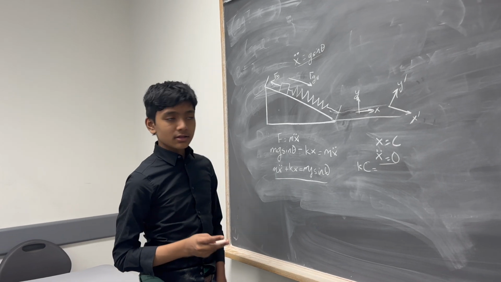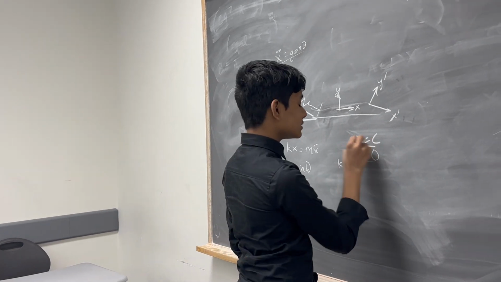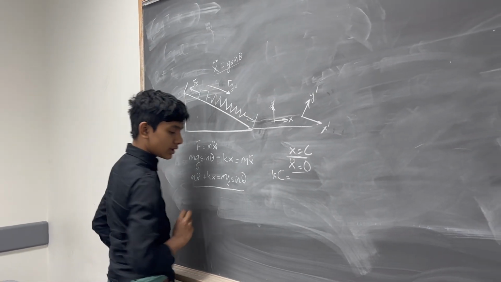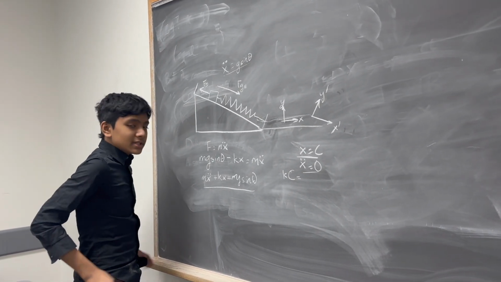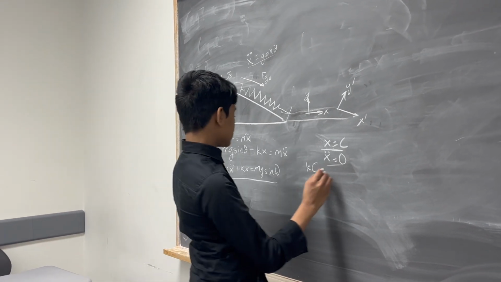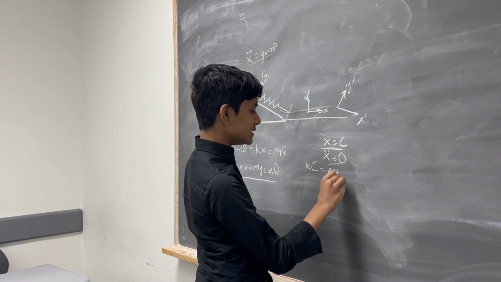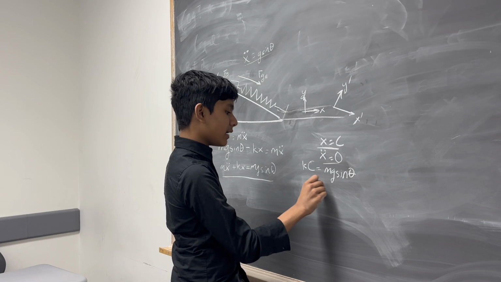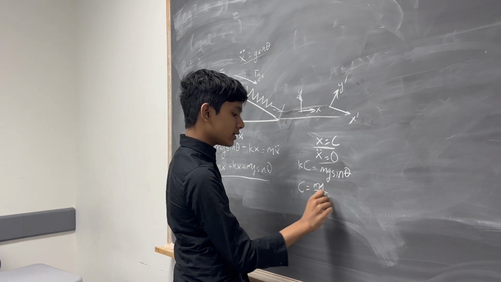The particular solution is the solution that when we plug it in actually solves the equation. So we have kc is equal to mg sine theta, so c is equal to mg over k sine theta.